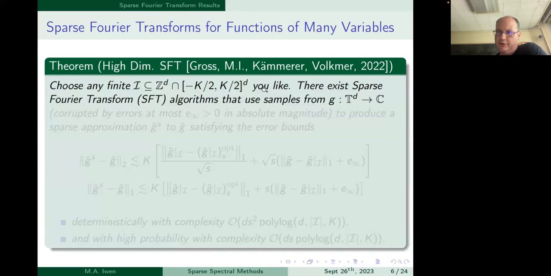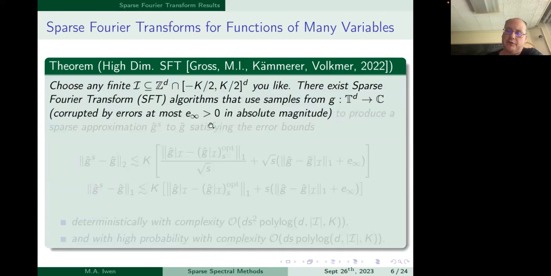But it can be relatively large, something like K to the d, but you have to have some idea where the spectral information is going to be in your function to begin with. And then after your choice of I, what you're going to do is sample your function defined on the d-dimensional torus.